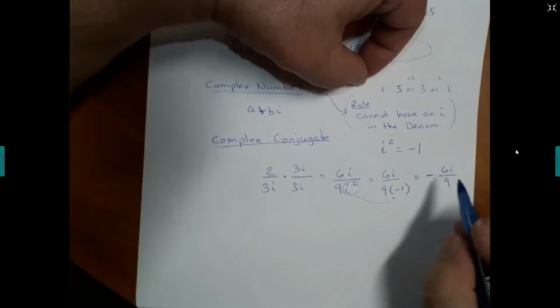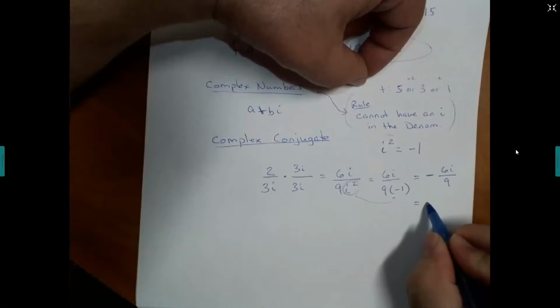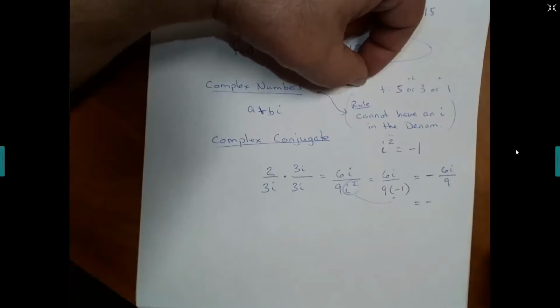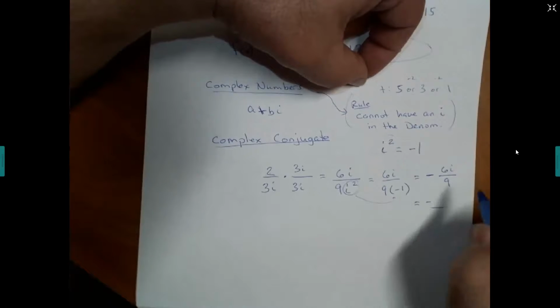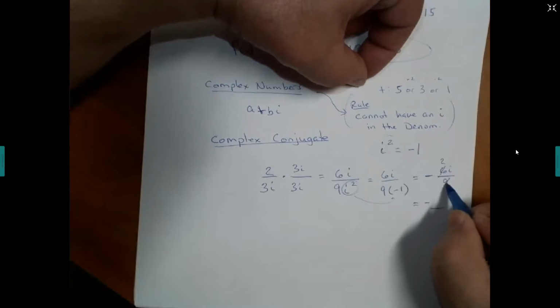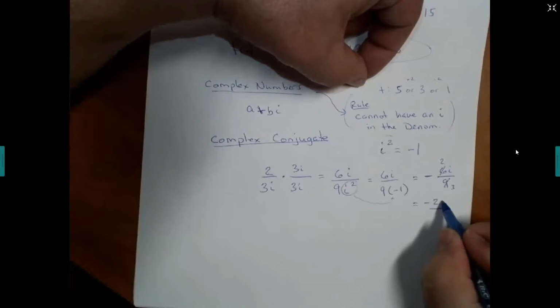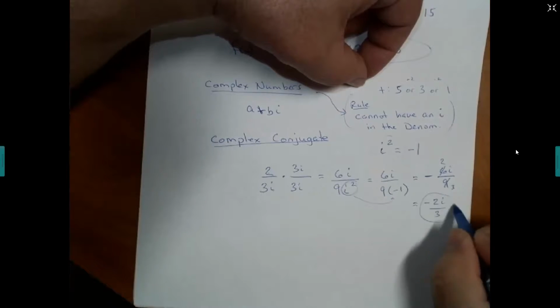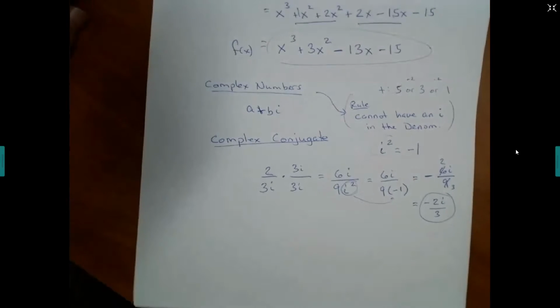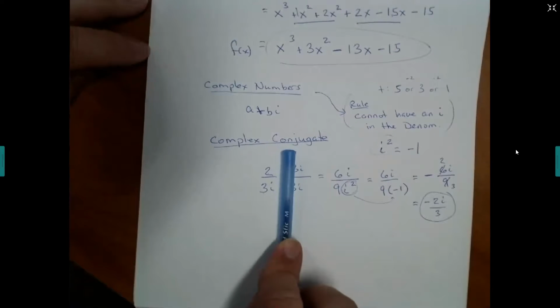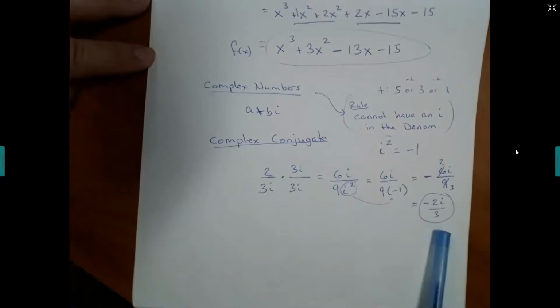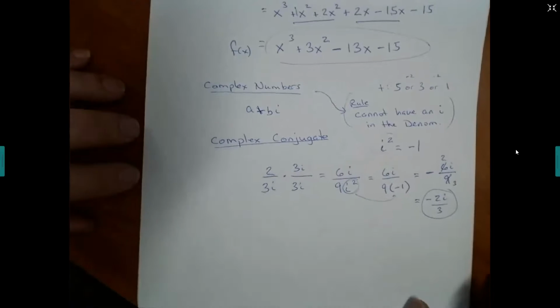But 6 and 9, we can simplify there. They both have what in common? They both have a 3. So it's 2i over 3. There's your final answer. So I could have just said you multiply top and bottom by i, and we get to the answer, but a lot of people don't like that.